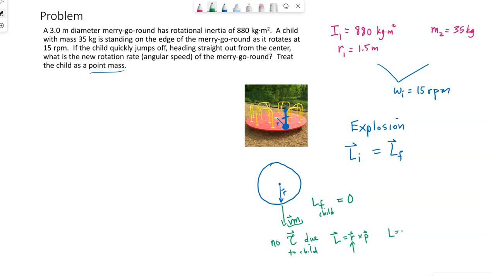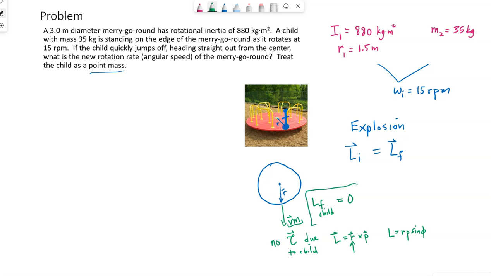For a point mass, we can write this as the magnitude of those two vectors times the sine of the angle between them. The angle between those two vectors is 0 degrees. Sine of 0 is 0.